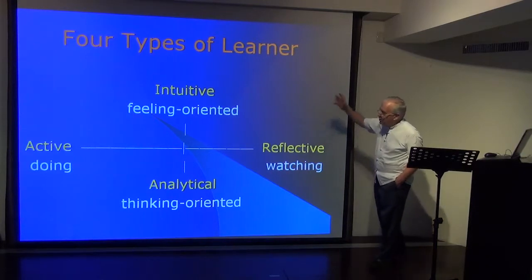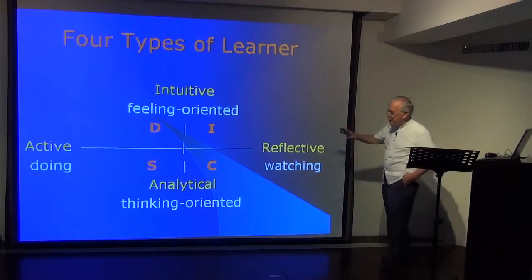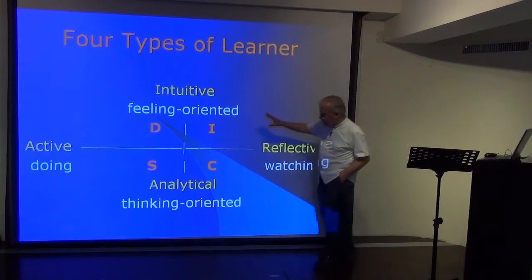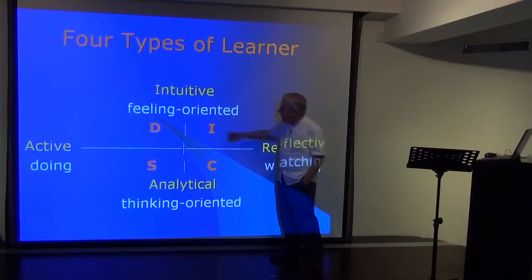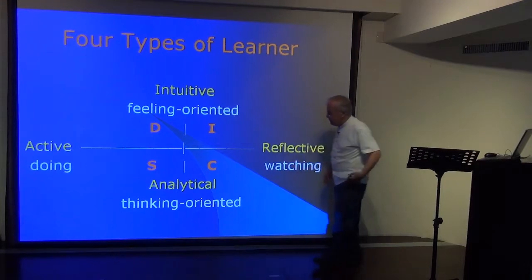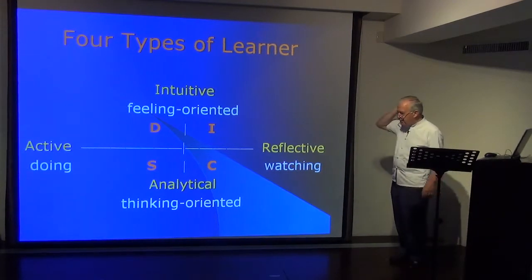And so what this linguist, Kolb, said is, we can actually divide students into 4 sorts. And if you know the personality test, DISC, it fits very nicely into that. So let's spend a little while thinking about this.